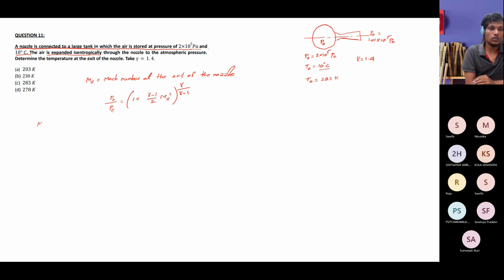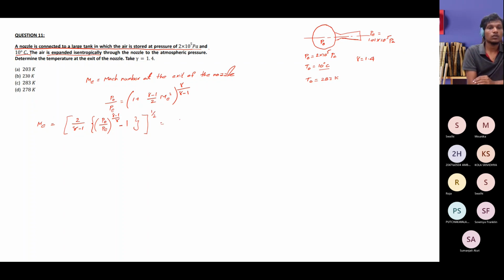So once we simplify, we will get ME equals the root of 2 over gamma minus 1 times (P naught over PE to the power gamma minus 1 over gamma, minus 1).